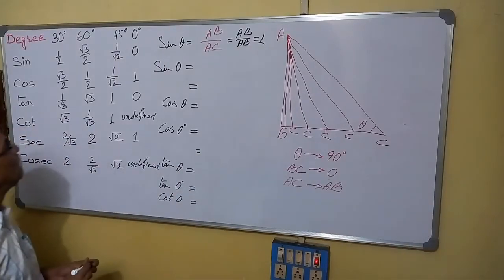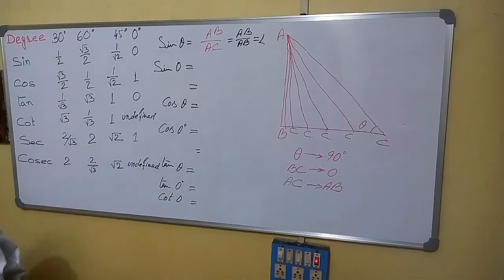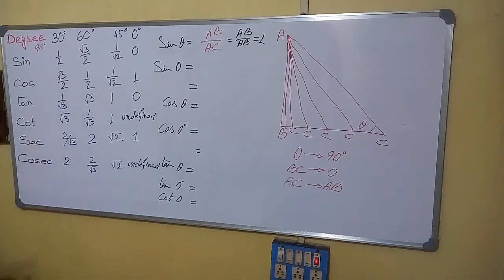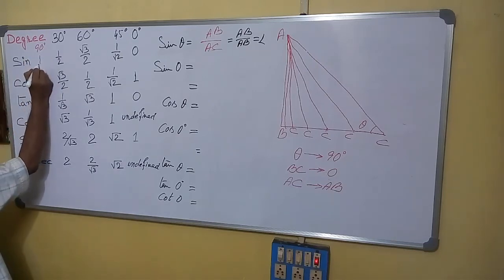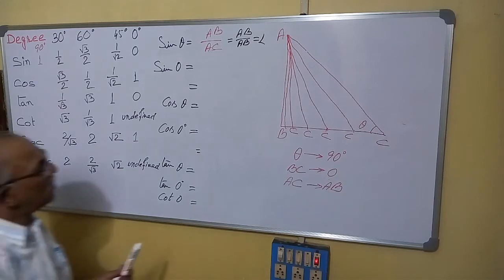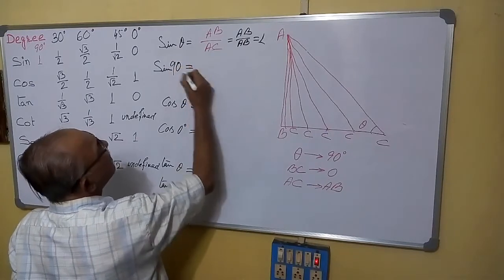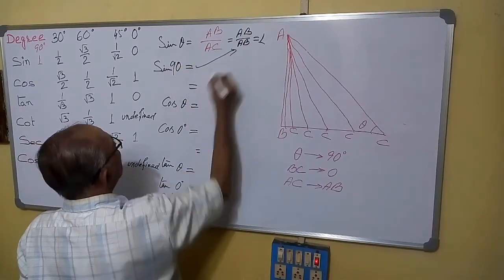So when it is 90 degree, sin theta is becoming 1. So sin 90 equals 1.